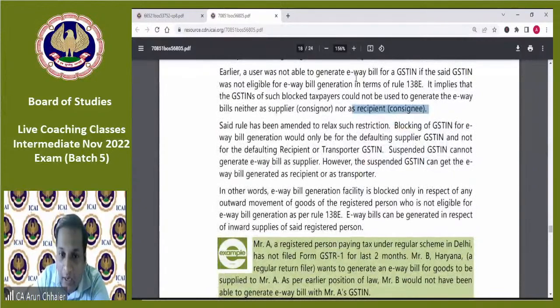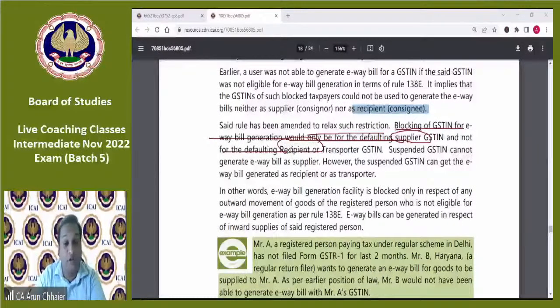Such rule has been amended to relax the restriction. Blocking of GSTIN for e-way bill generation could only be for the defaulting supplier and not the defaulting buyer or the transporter.